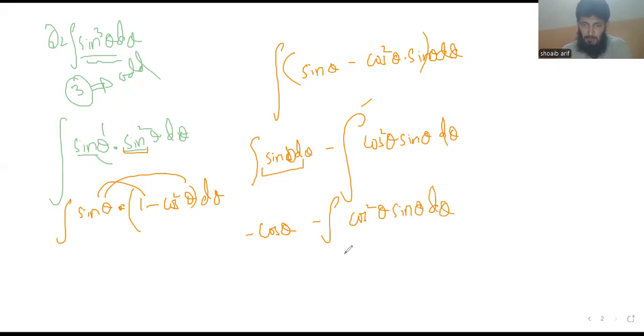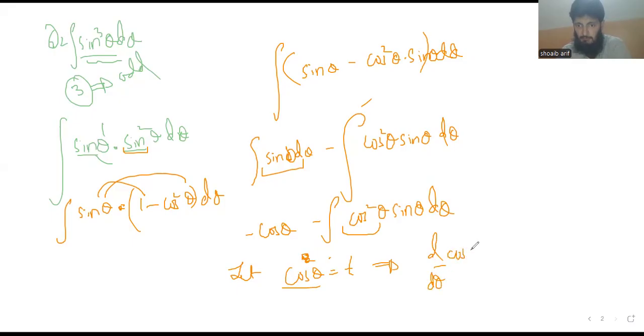Okay. So we are going to substitute in this function. Let's say cos theta is equal to t, and apply the derivative on both sides with respect to theta.